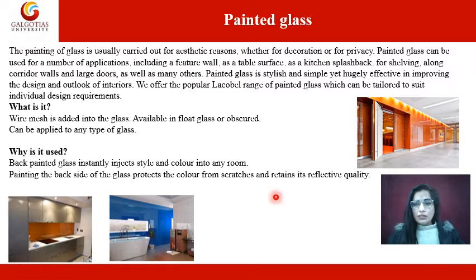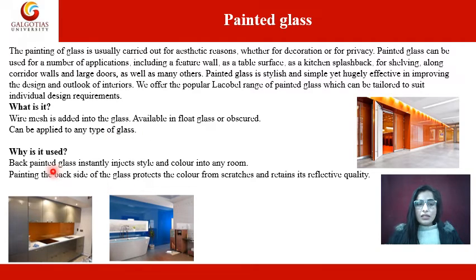So here you can see a few examples of painted glass. Here you can see the application of painted glass in a kitchen, blue colored glass used in a washroom, and this part is used in the corridor. So what is it? Wire mesh is added into glass, available in float glass or obscured, can be applied to any type of glass.